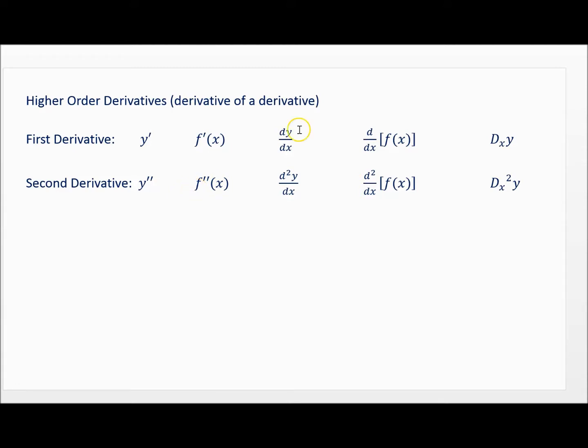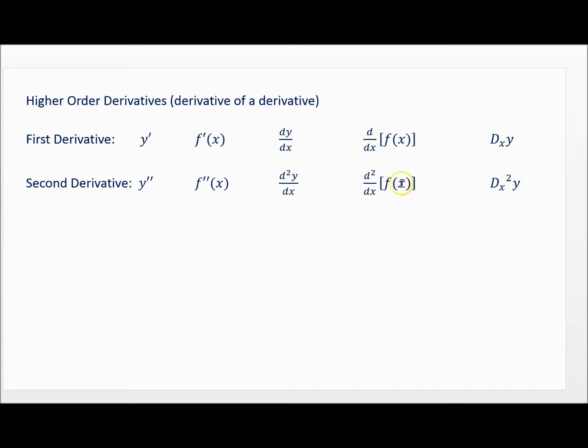Now, if you see this, this is called Leibniz notation because of the mathematician that came up with this notation, one of the creators of the calculus, more like the discoverer of the calculus. I don't even know the best way to read it. I would just say the second derivative of y with respect to x. That's the best way to read it. The second derivative of y with respect to x.